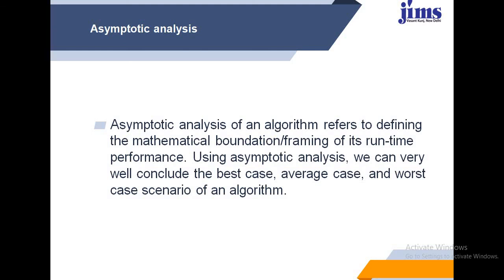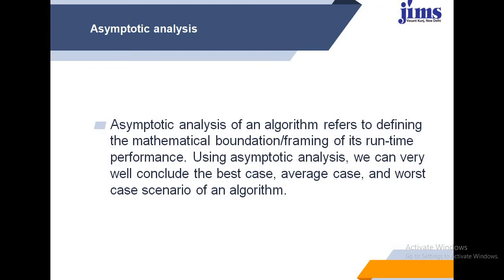Now next is asymptotic analysis. So what is asymptotic analysis? Asymptotic analysis is generally finding your boundaries. Boundaries means finding your upper bound and lower bound performance. Asymptotic analysis of an algorithm refers to defining the mathematical framing of its runtime performance.